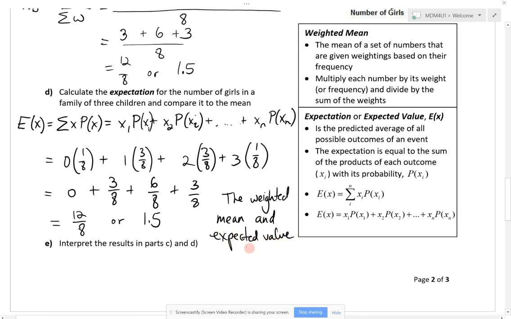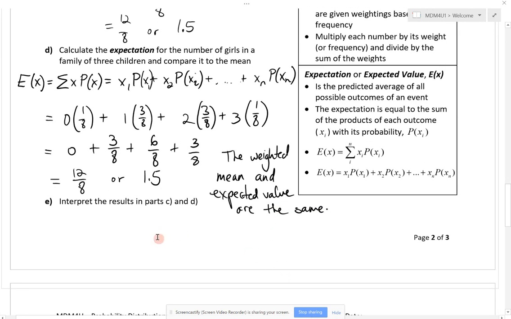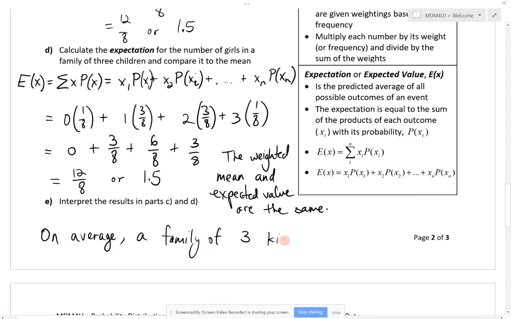Let's interpret the results. On average, a family of 3 kids would expect to have 1.5 girls.